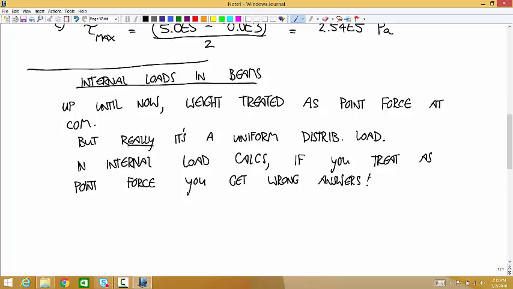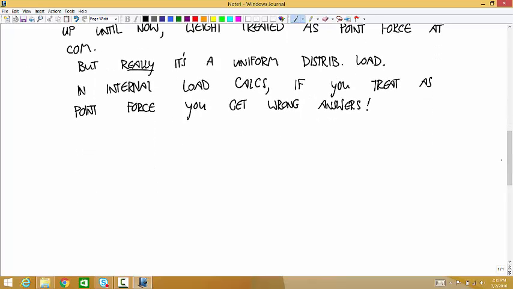So, how do you know when it's okay to treat this distributed load as a point force and when it isn't?